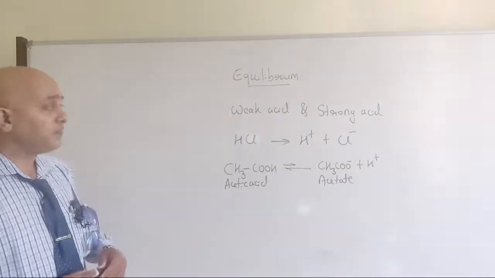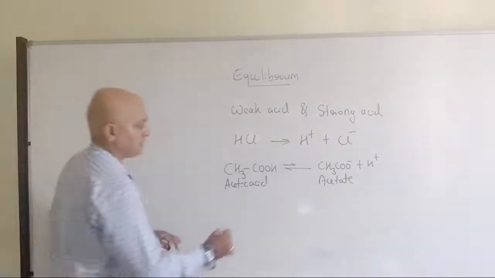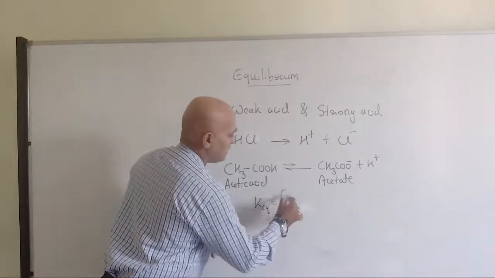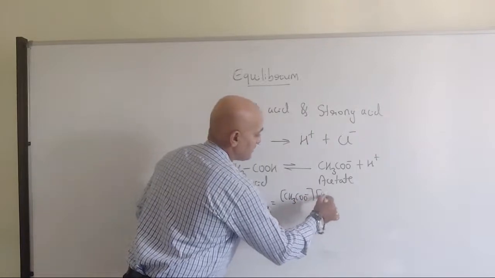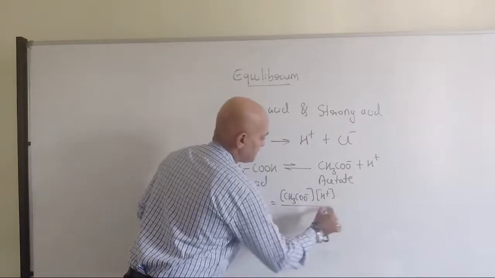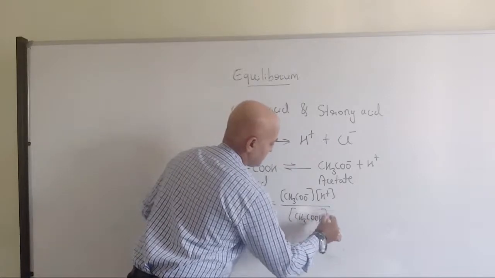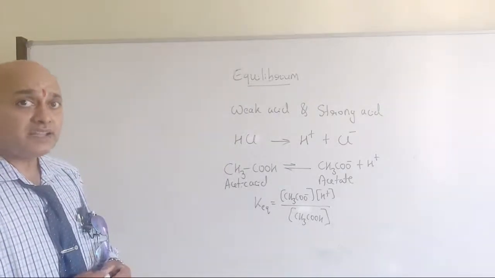So if I want to write the equilibrium constant K, it will become acetate concentration into H plus concentration divided by acetic acid concentration.